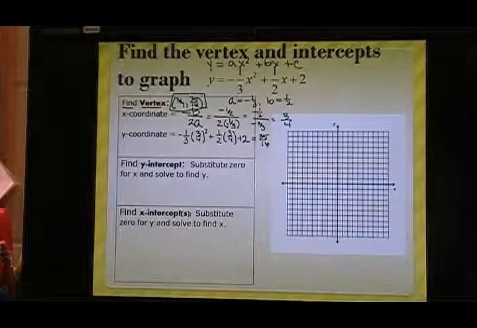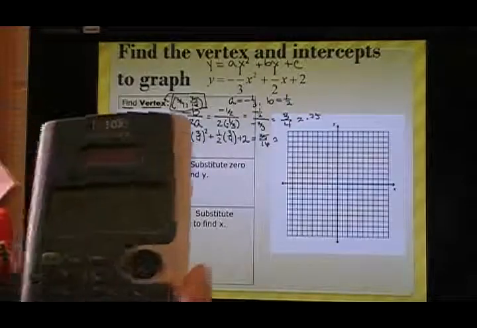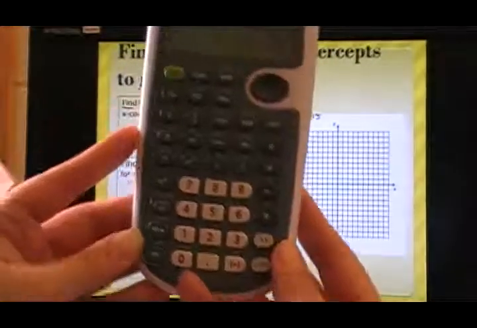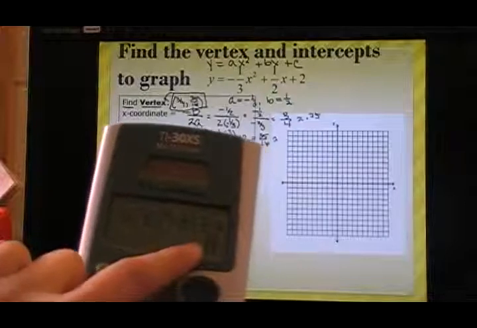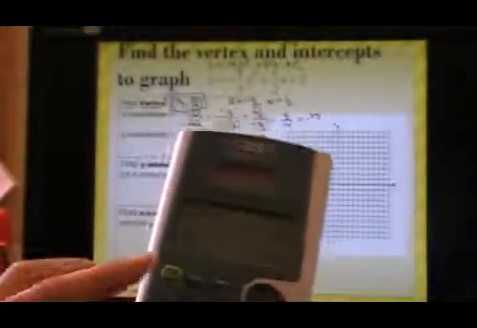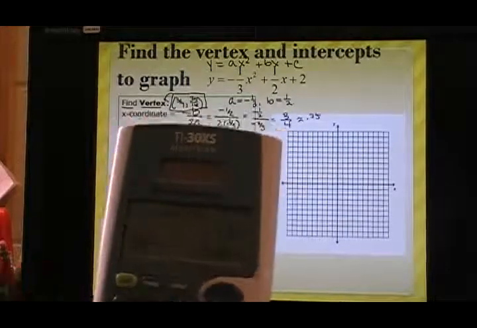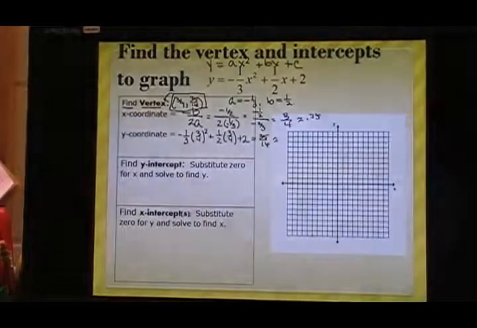That is our vertex. So plotting that, 3/4 is about 0.75, and for 35 over 16, on this calculator, if you have a fraction and you want to look at the decimal, if you hit these double arrows, it'll give you the decimal conversion. So that's exactly 2.1875.